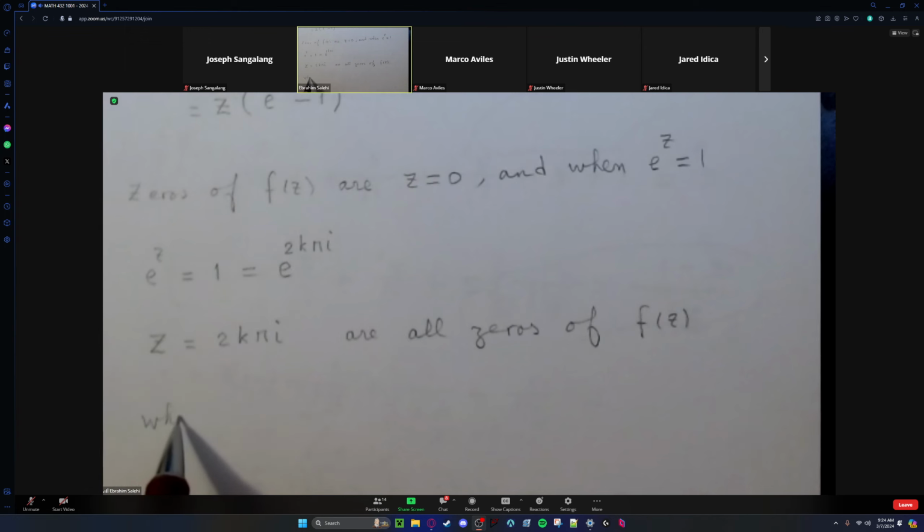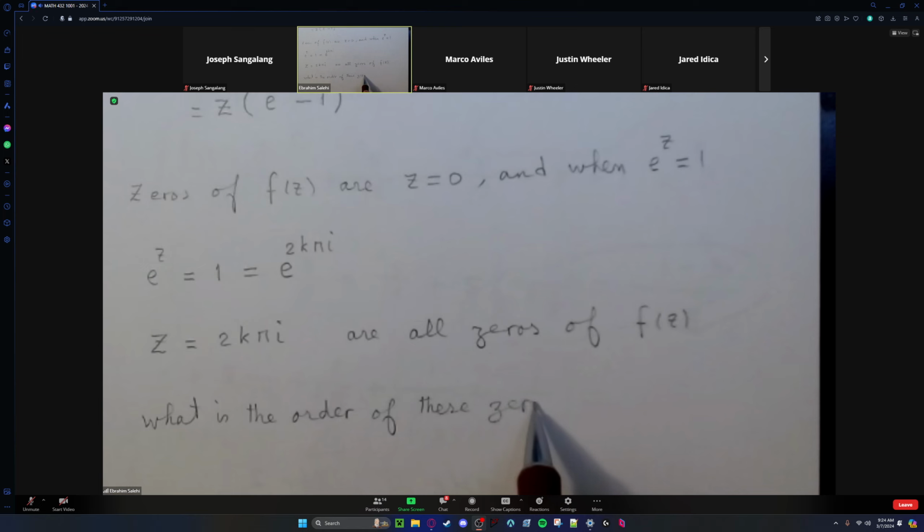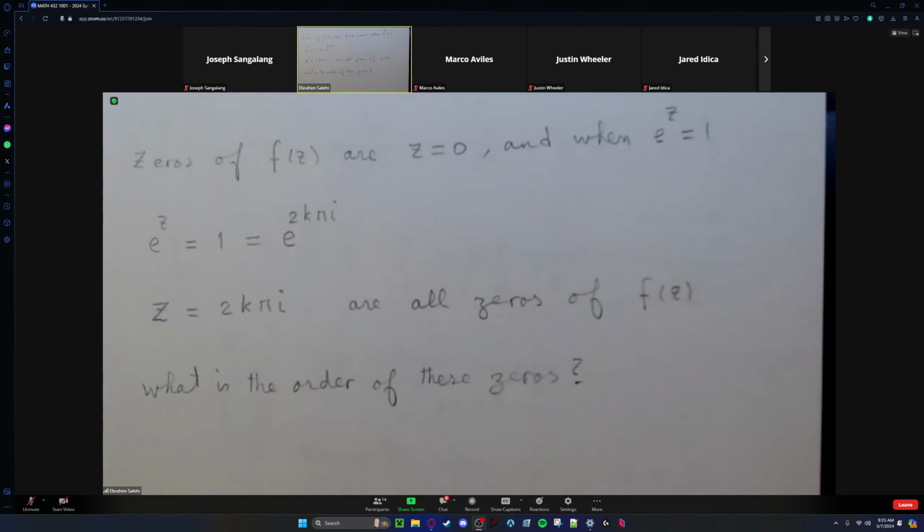What is the order of these zeros? I would say it's just order 1 because the function is 0 at that point, but its derivative is not.